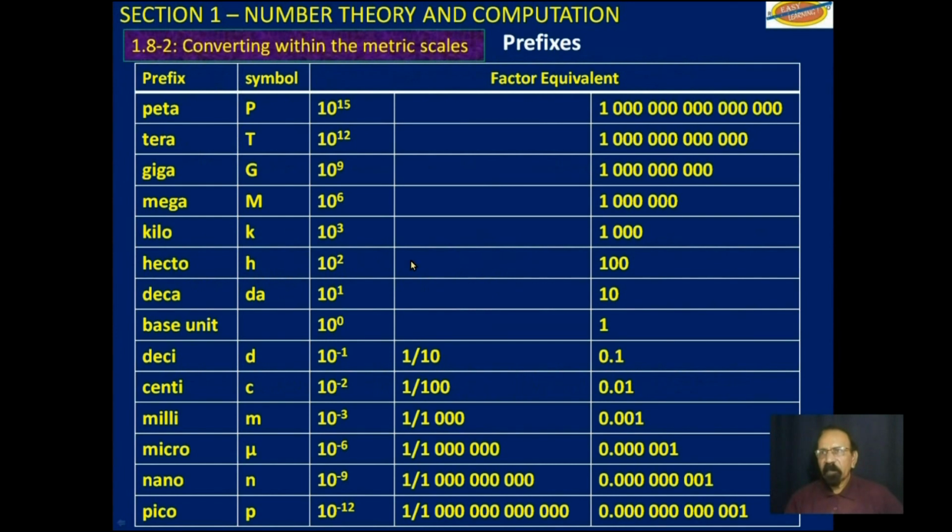For example, if you look at this table, this here is the base, say we're talking about meters. Now if you have 10 meters, you will refer to that as a decameter, dam. And of course, if you have 1,000 meters, you will refer to that as a kilometer.